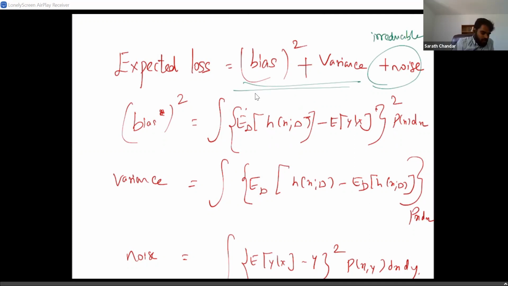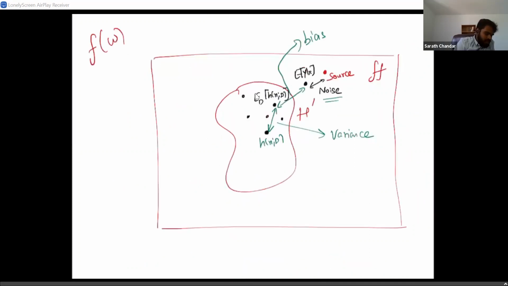In the case of very flexible models, like let's say k nearest neighbor, those models will have low bias but high variance. To deal with such models, you need to add more data points so that the D becomes bigger, and you can try to reduce the variance.